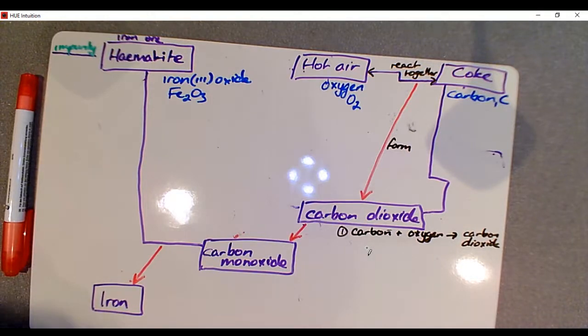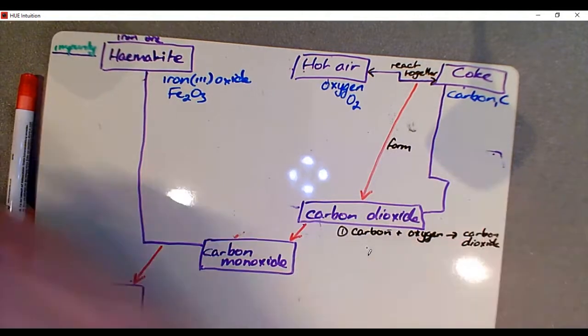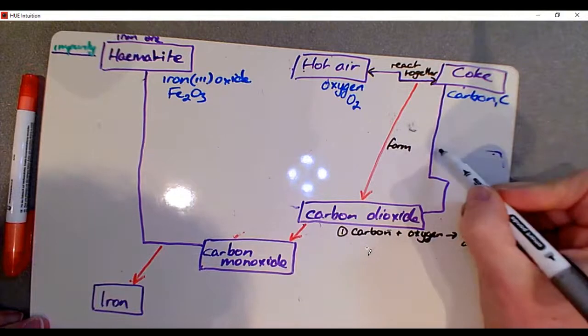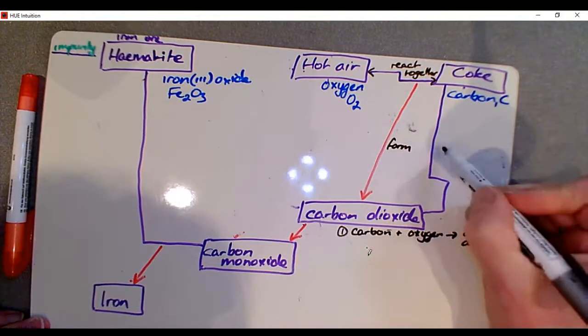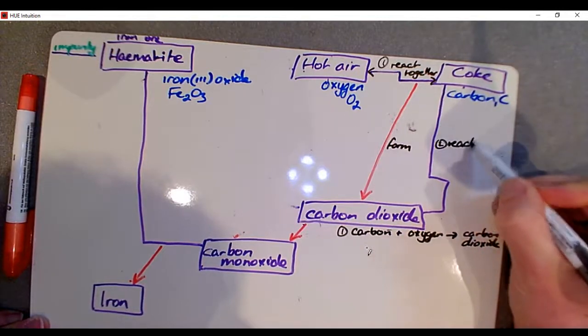Right, so in this instance, the second reaction is that coke reacts with carbon dioxide. So the first thing is they react together. The second thing is these react together.